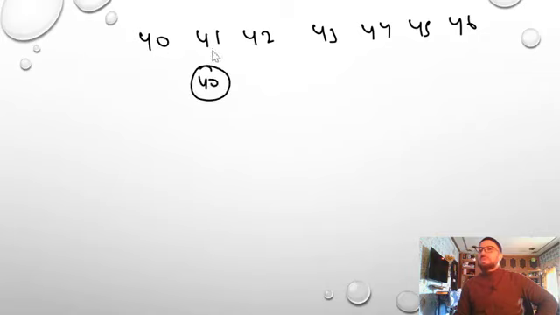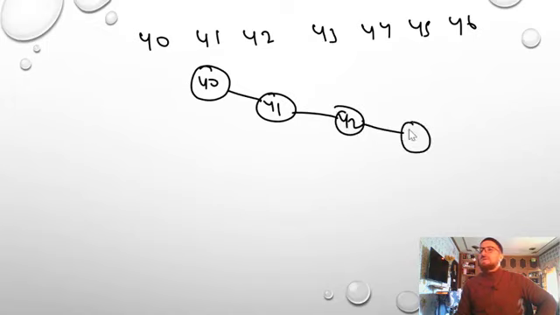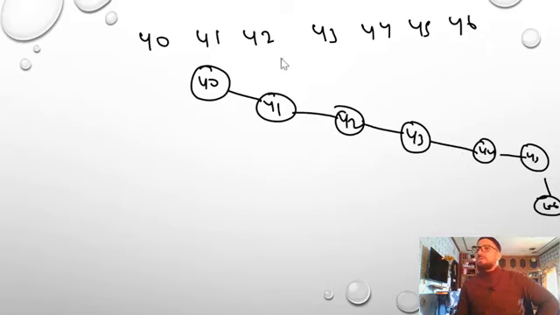Well, what is next? 41 is greater than 40, it has to be on the right subtree. Then comes 42. 42 has to be right of 40 as well as right of 41. 43, it has to be right of here. 44 right of here. 45 right of here. 46 right of here. And it becomes, as you could see here, what is called right skewed.